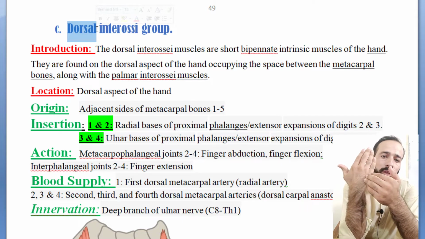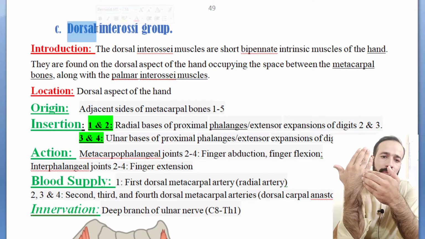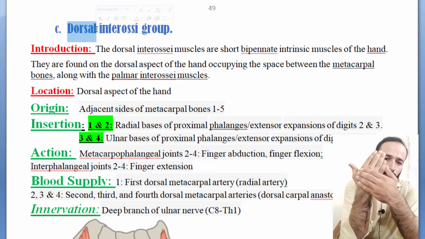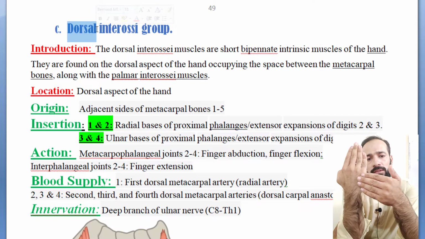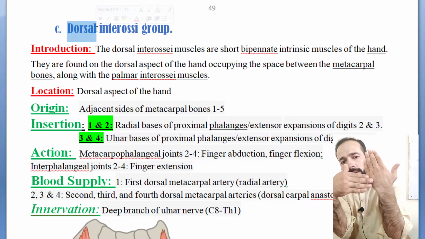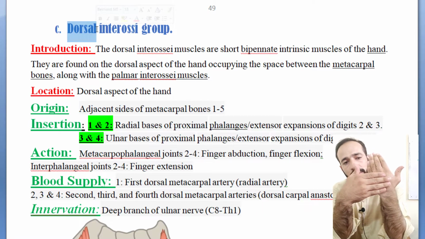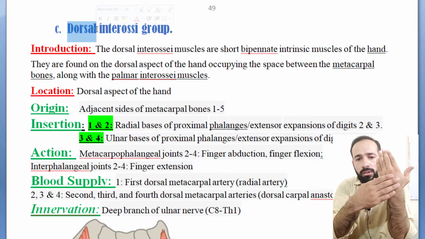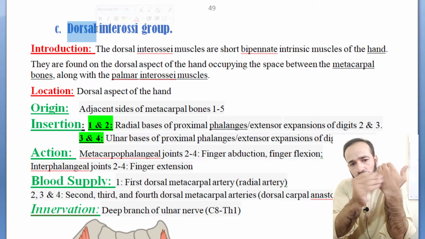Interossei means in between the bones. Inter means in between, os means bone. So in the dorsal surface, the muscles present in between the metacarpal bones are called dorsal interossei muscles, right?